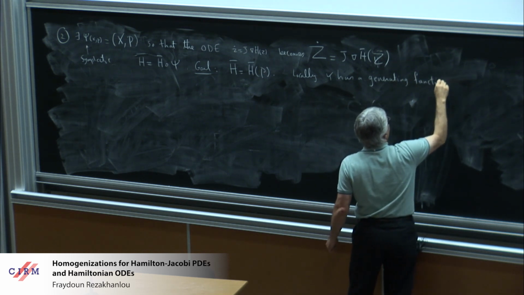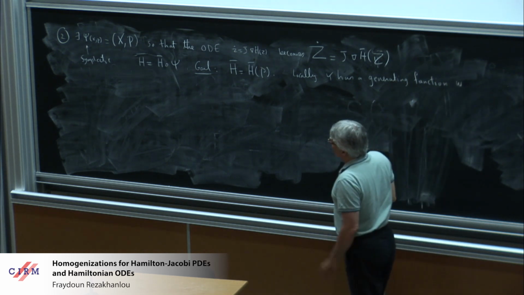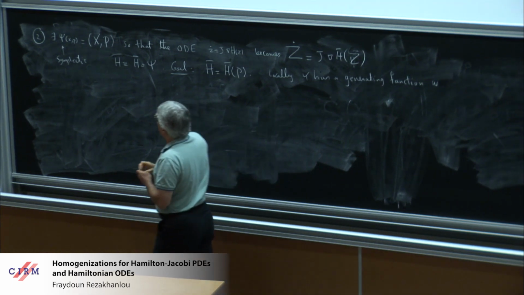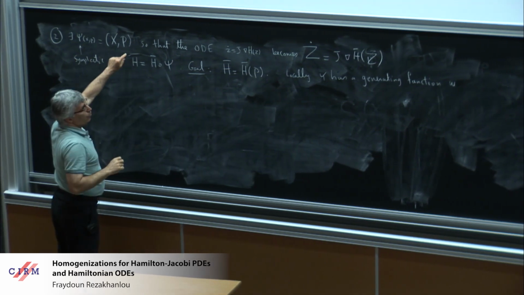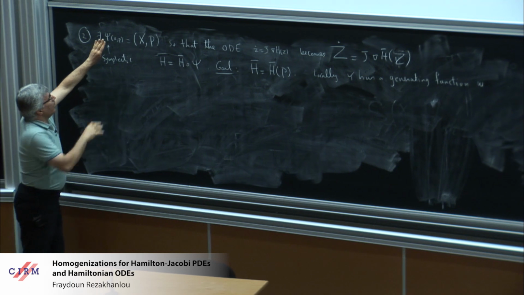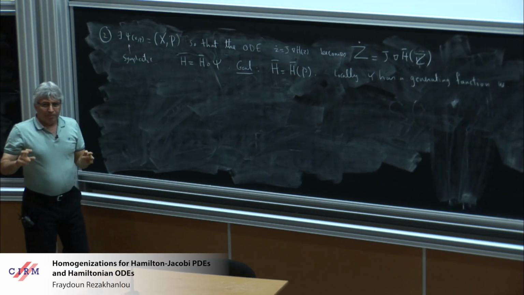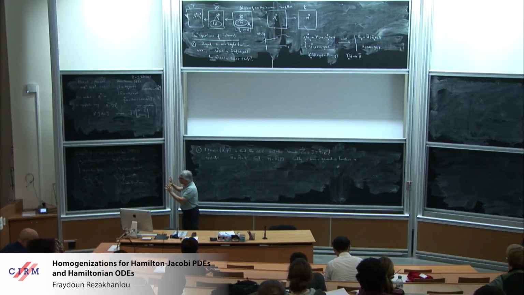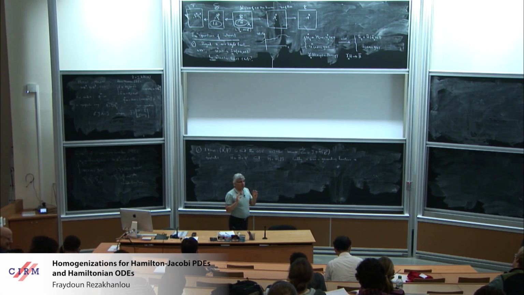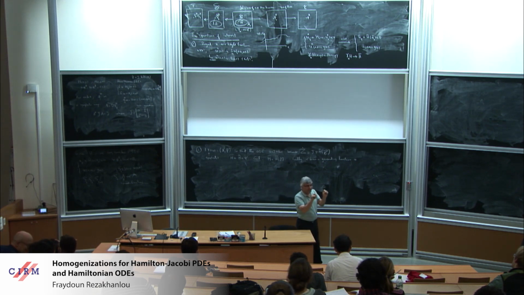Maybe I call it W. And now you have to choose W in a careful manner. You see, there are lowercase variables here and uppercase variables there. But if you think about the symplectic property, there's some 2-form that is preserved. That 2-form has a minus sign in it.